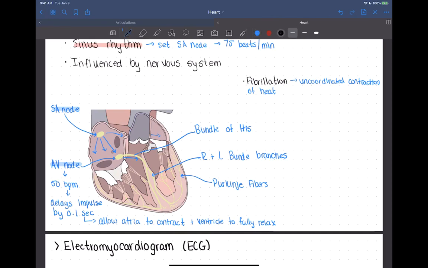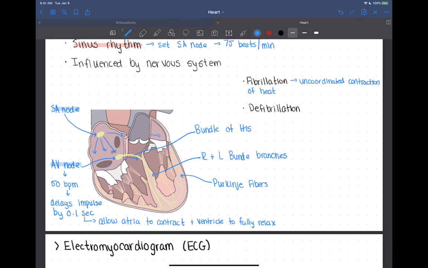And then the other term is defibrillation. You may have heard of a defibrillator. That is used to reset someone's rhythm.